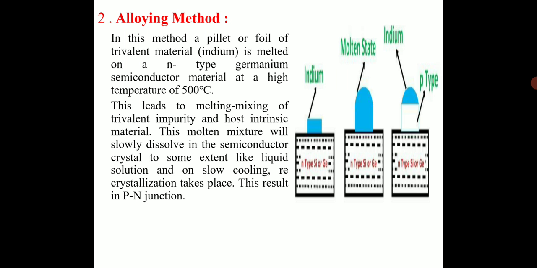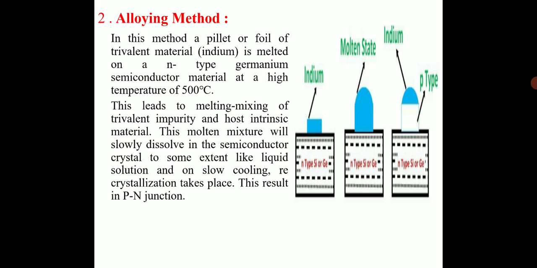This mixture is known as a molten mixture, and it will be slowly dissolved in the semiconductor crystal to some extent, like a liquid solution. On slow cooling, the recrystallization process takes place, and this results in the p-n junction.